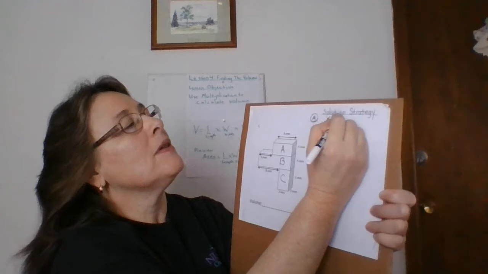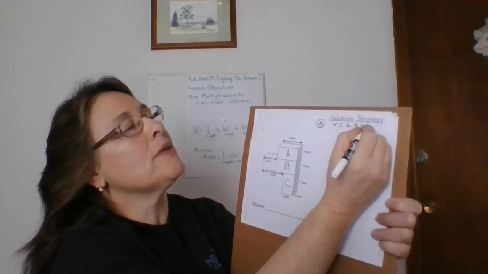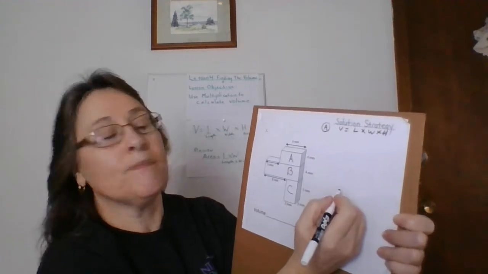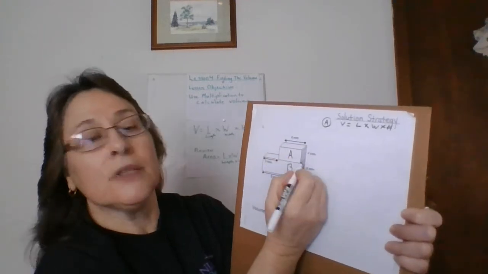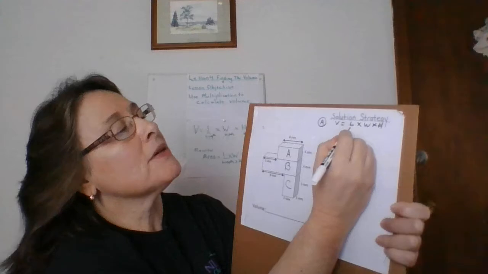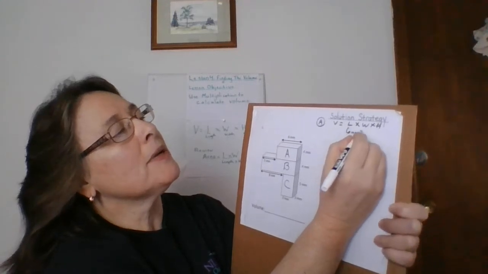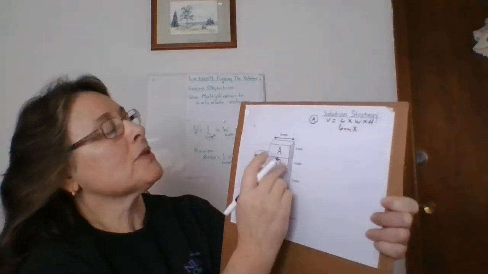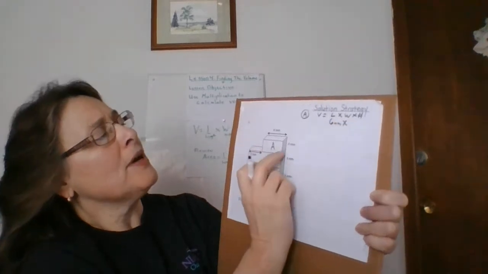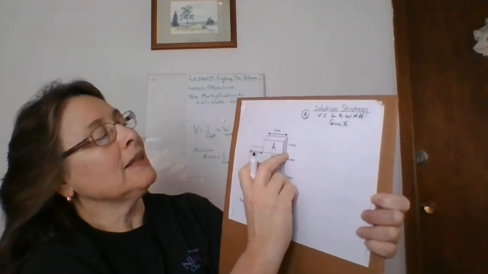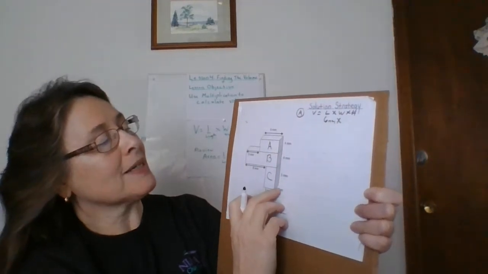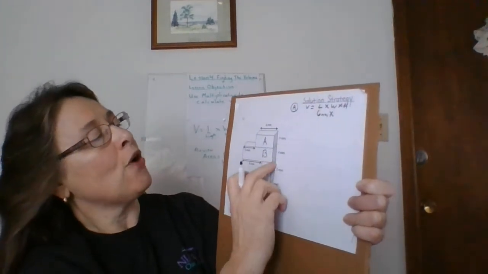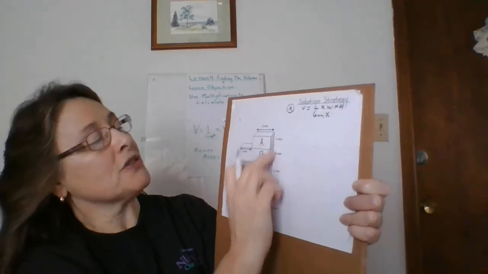Volume is length times width times height. So my length, as you can see, is labeled 6 millimeters. So I have 6 millimeters times. Now my width is right here. It's not labeled on this box, but if I go all the way down to box C, the width for all three of these boxes is the same.